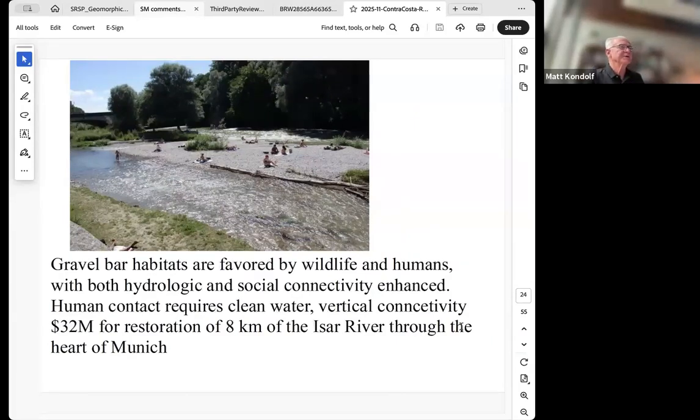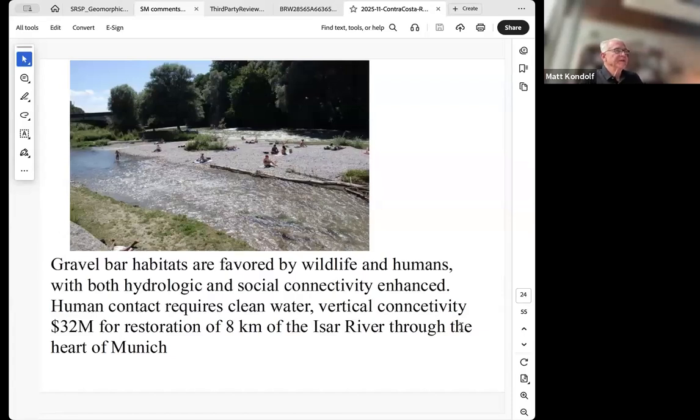You'll see thousands of people using these gravel bars to recreate and swimming and whatnot. And it's quite easy for people to get down. By lowering the banks and expanding the whole footprint of the river and its corridor, there are lots of places where people can access the river easily.